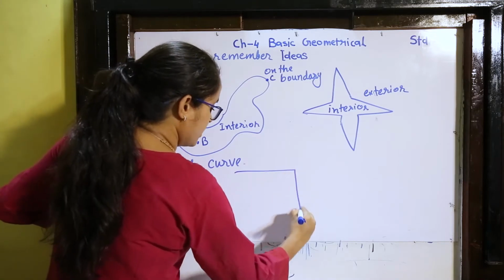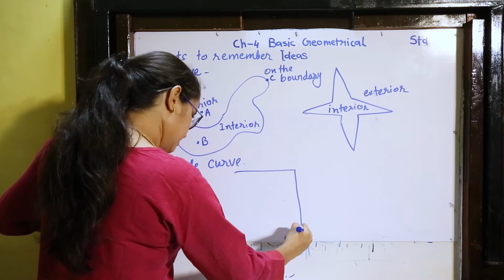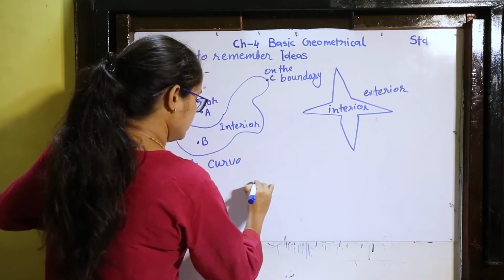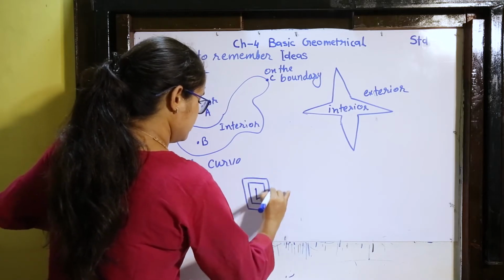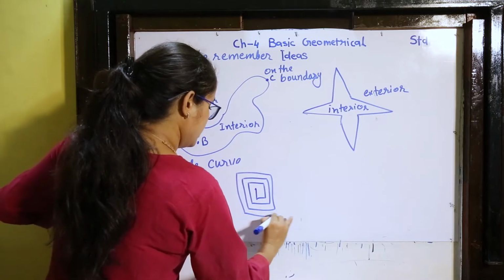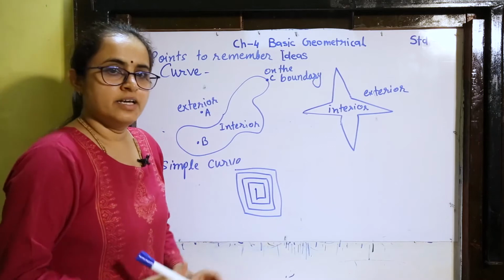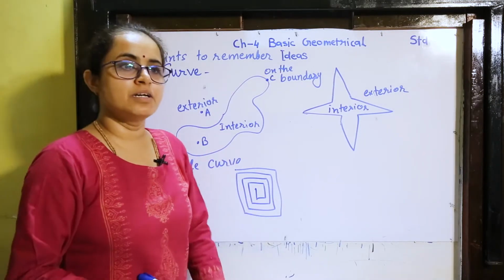You draw according to that only. Let's start with the smaller part of the curve. You can see, it is not crossing the line. The lines do not intersect anywhere. So that's called simple curve.